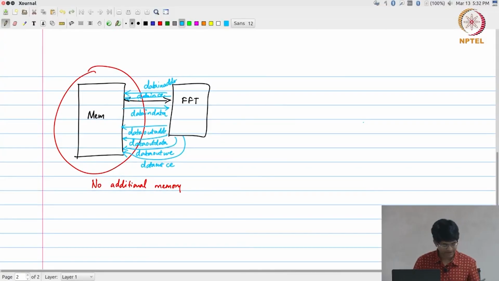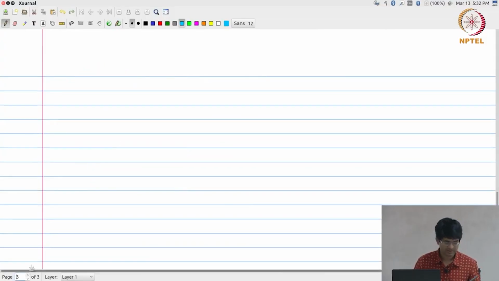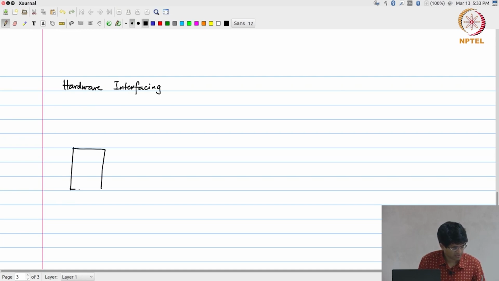The next thing that I am going to do now is to go in briefly into how you would interface this with hardware. Okay. So, I already sort of gave a brief picture for what we are looking at. I have a CPU.